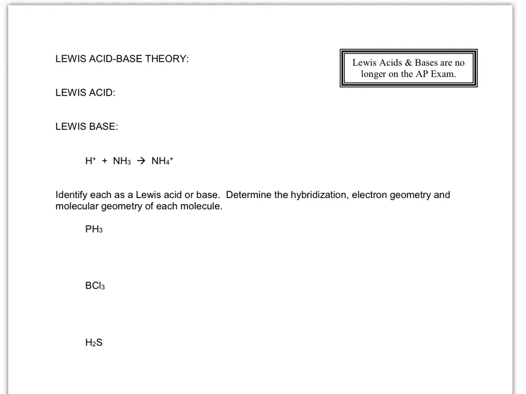A Lewis acid is an electron pair acceptor. Lewis acids and bases talk about electrons as opposed to protons. And because electrons are kind of the opposite of a proton, which is positive, whereas an electron is negative, the definitions are flipped. A Lewis acid is an electron pair acceptor, and a base is an electron pair donor.